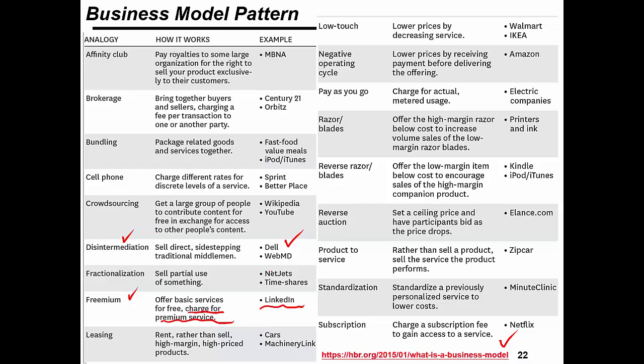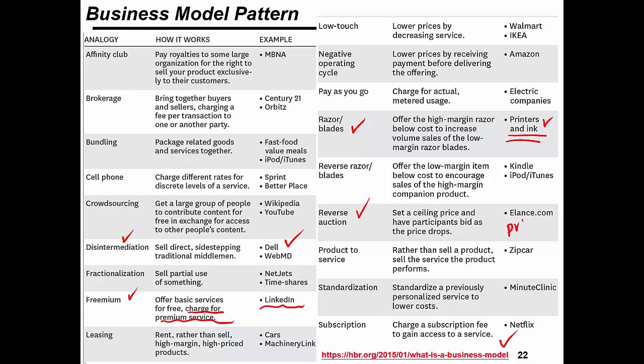Also, let's look at the razor and blade model. For instance, Hewlett-Packard sells their printers relatively cheaply, but they make money from the ink cartridges they sell to you. Okay. Reverse auctions.